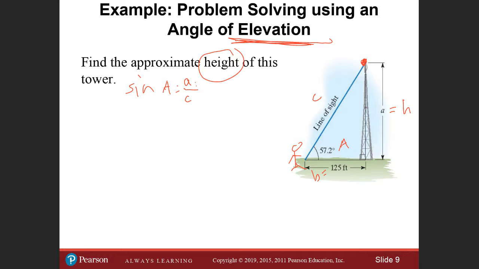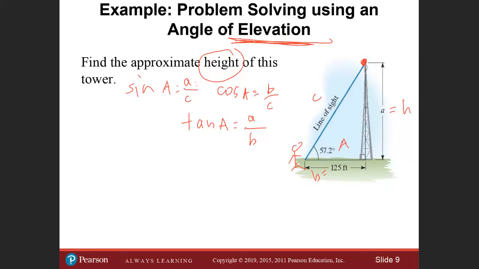And then cosine A would be the adjacent, which is B over C. And tangent A would be opposite, which is your A over the adjacent side, which is your B here.